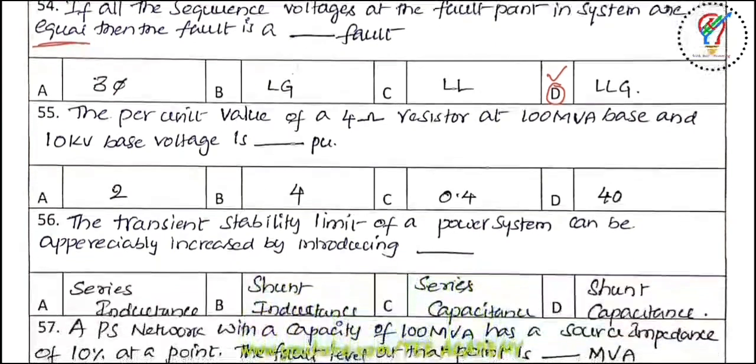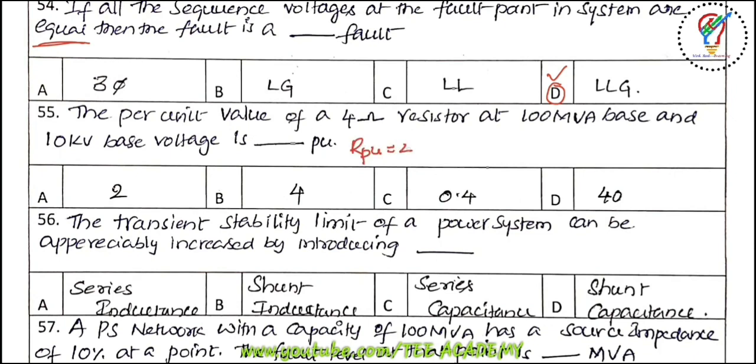Next one. The per unit value of a 4 ohm resistor at 100 MVA base and 10 kV base voltage is going to be dash. So first we need to find R per unit, actual value is 4. What is the base value? So base value means VB square divided by MVA.